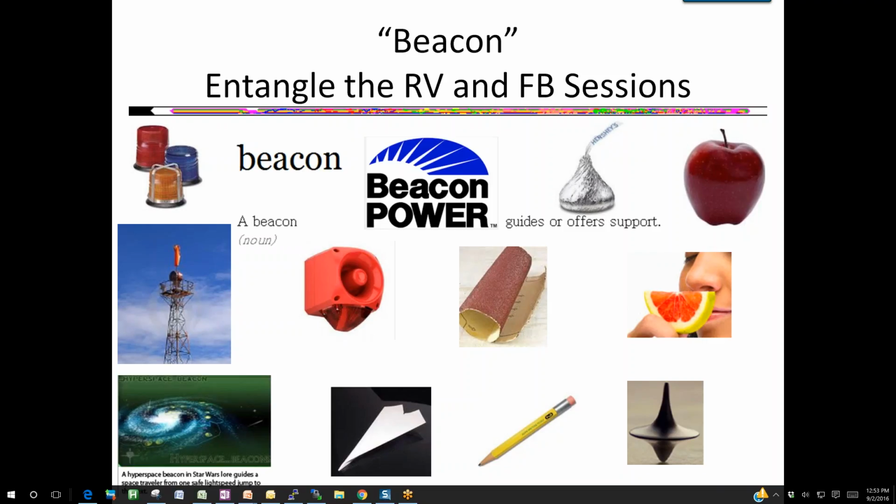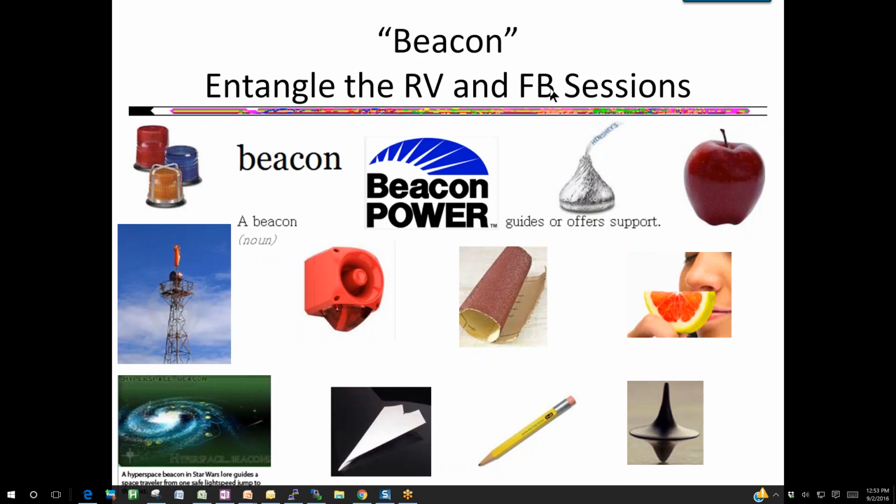And that is not true. The beacon has nothing to do with the judging session. The entanglement that you're looking for is with the remote viewing session and the feedback session.